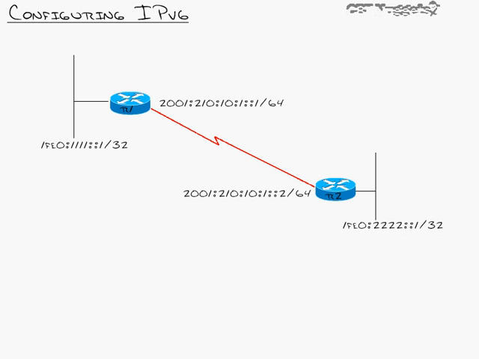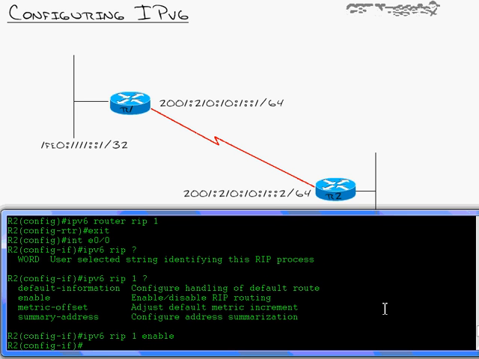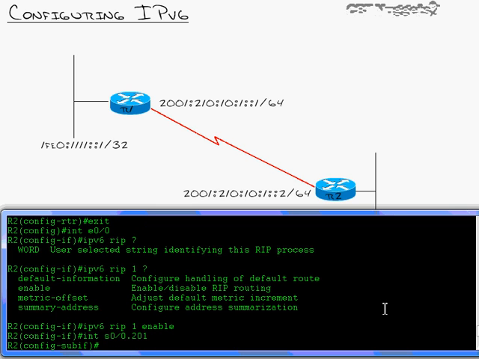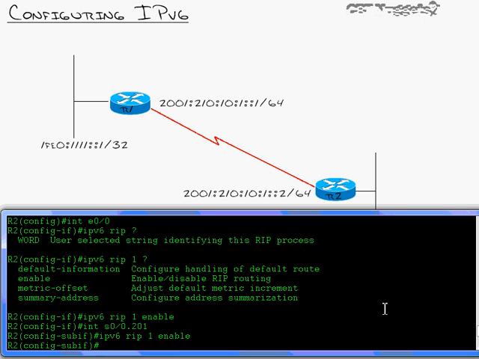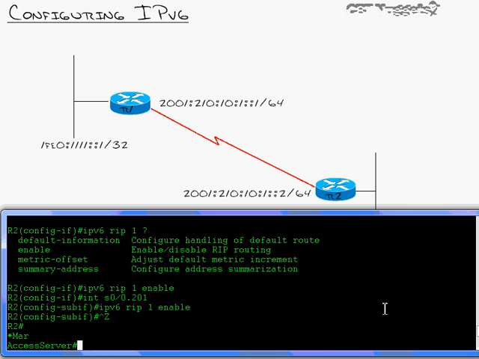That now turns on RIP for this interface, and it's sending out broadcast, multicast traffic out that interface to say, hello, everybody, I know about this network, and it's advertising this network in its advertisement. So I need to go under my interface serial 0/0.201, my frame relay interface, and also type in IPv6 RIP 1 enable. I go under the interfaces that I want to turn RIP on and just type in enable underneath there.